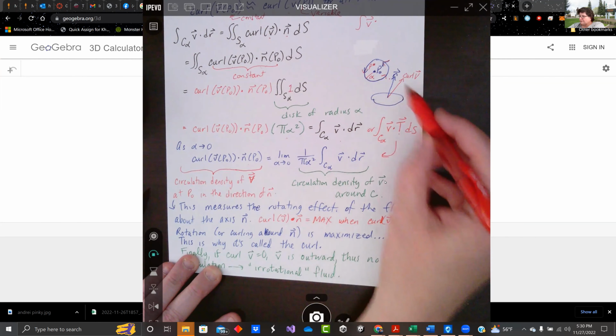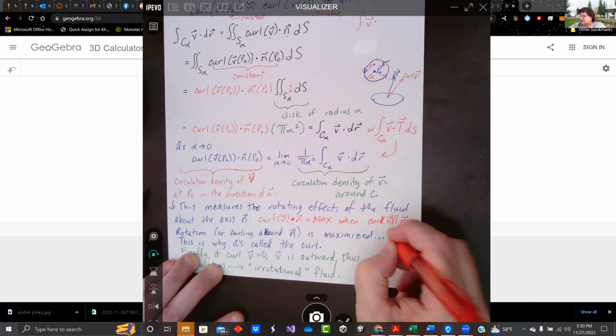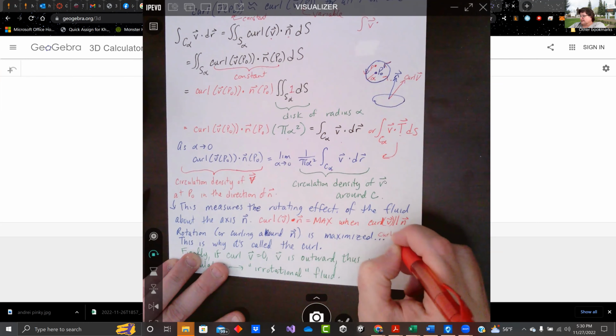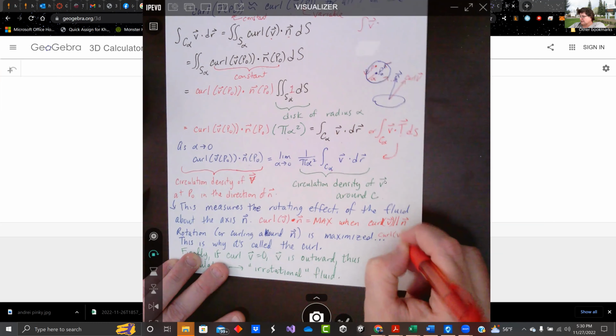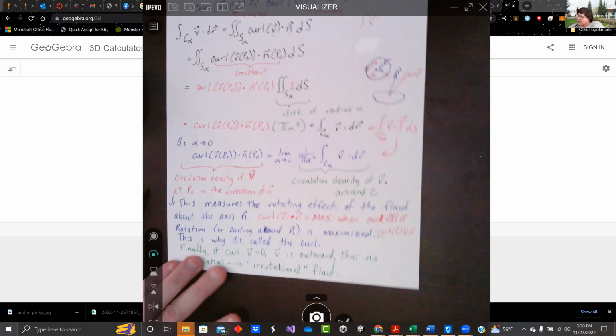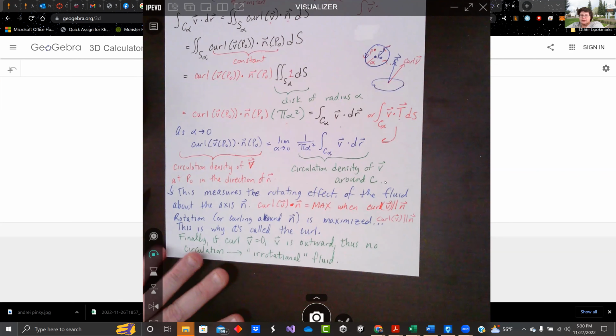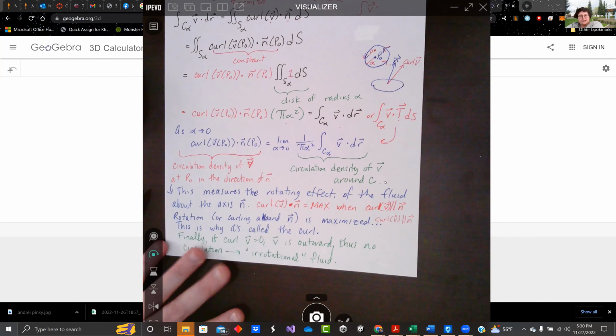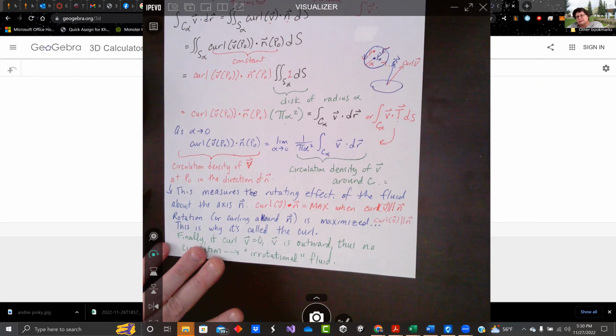And so when the curl of V is parallel to N, we have that maximized. And so that's why we call it curl. It's circulating or curling around the axis.